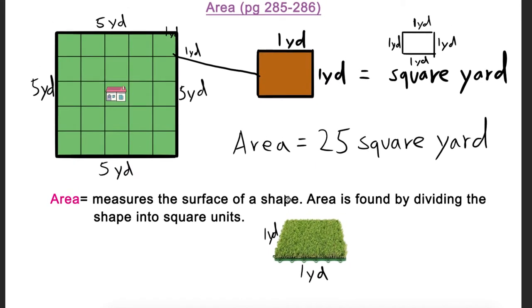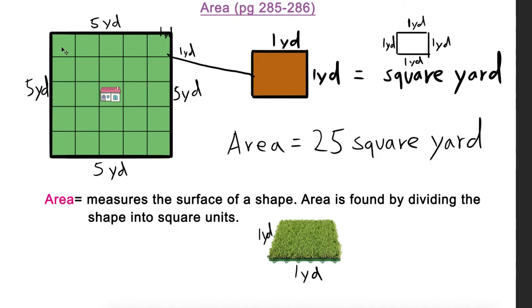It's pretty easy. But instead of just counting each square, which takes a long time, one thing I could have done is just multiply the bottom side, 5 yards, by my height, which is also 5 yards. 5 yards times 5 yards, 5 times 5 equals 25, that's 25 square yards.